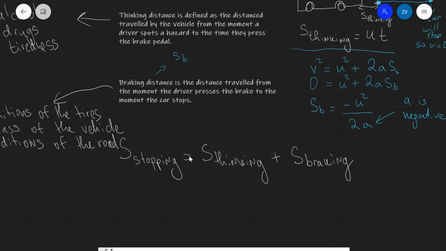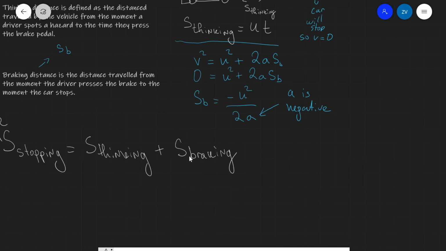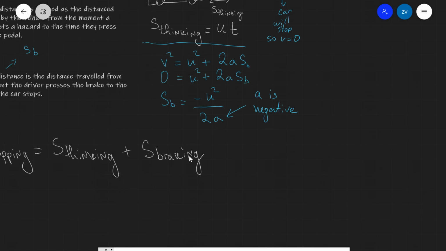One final thing I would like to mention, which also explains why there's so much energy involved in car collisions and why you should all be super careful on the road, is energy. The kinetic energy of any vehicle is given by a half mv squared.